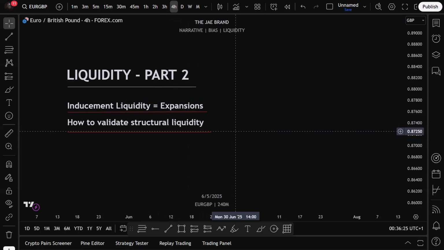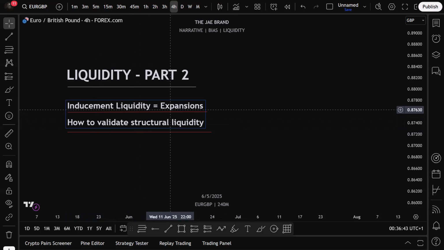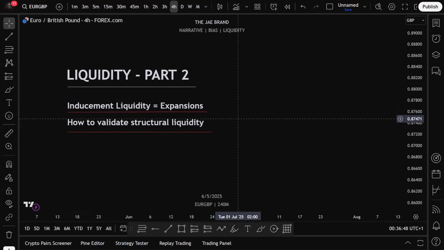If you haven't seen the first video, please refer to it so that you can have a complete understanding of the first two kinds of liquidity, which are the transactional liquidity and the structural liquidity. This is the last type of liquidity, which is the inducement liquidity. And I promise that by the end of this lesson, you will fully understand the three types of liquidity, and then you will know how to apply and identify them on the chart correctly.